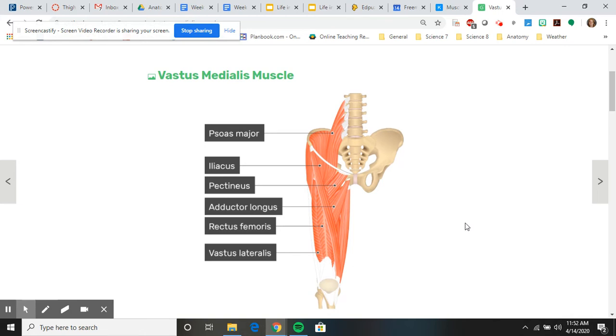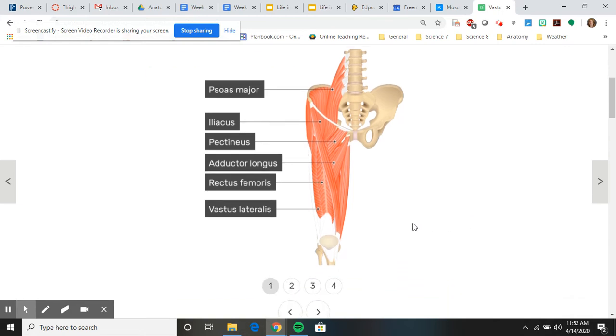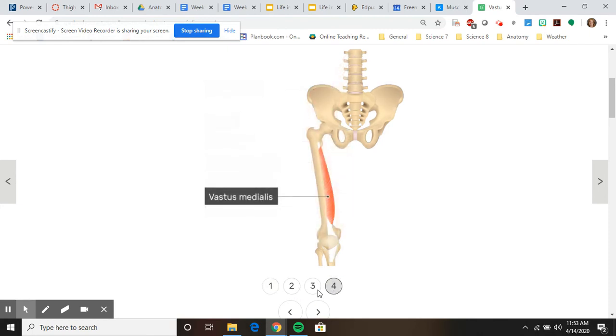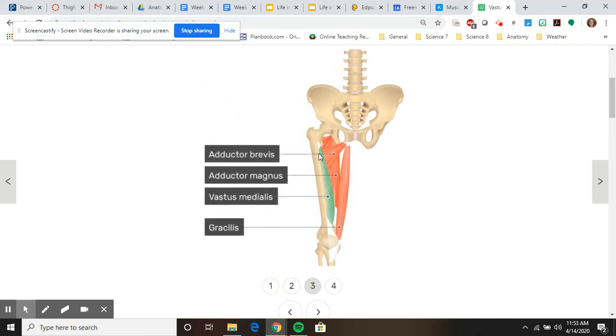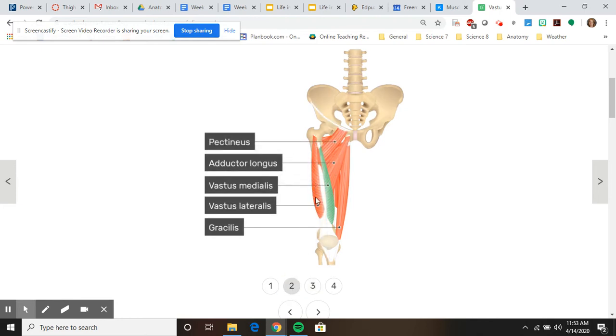The vastus medialis is another quadricep muscle, and medialis means middle. So it is on the middle. So next to it here, this was the vastus lateralis. This one here is on the other side of the femur, on the medial side.